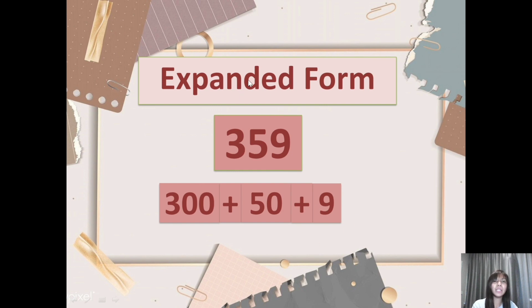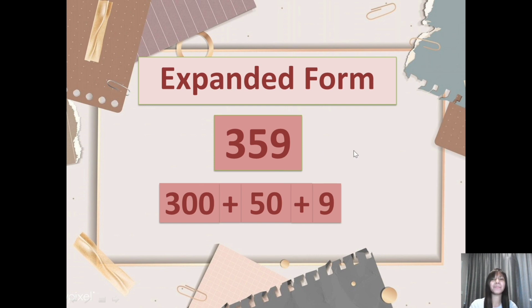So when you are expanding the number, like 359, it's like you are adding the numbers. Okay, just like this: 300 plus 50 plus 9. So this is now the expanded form of the number 359.